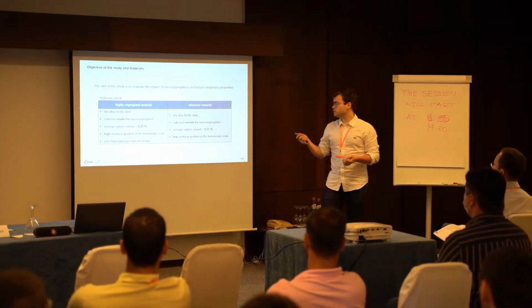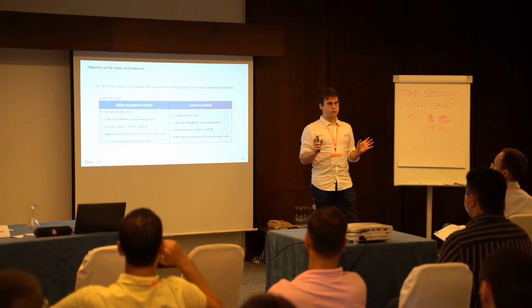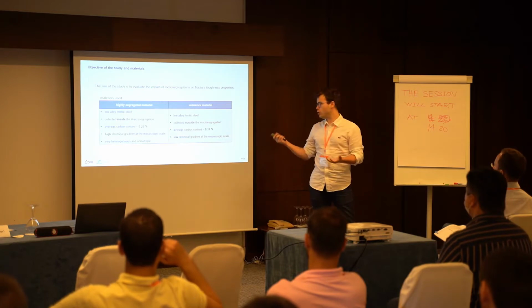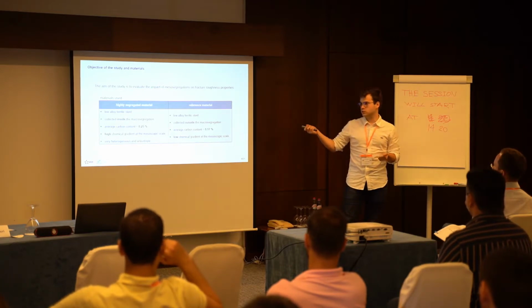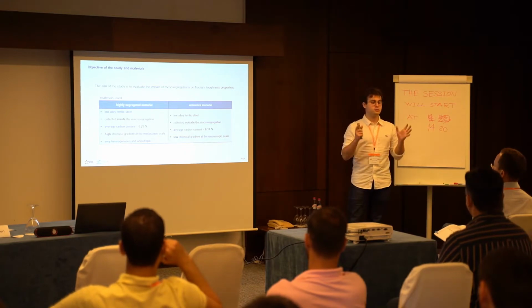The other material is the reference material. It was collected in the same component but outside the macro-segregation zone. Thus, the lower average carbon content of 0.17%. And this material is much more homogeneous.